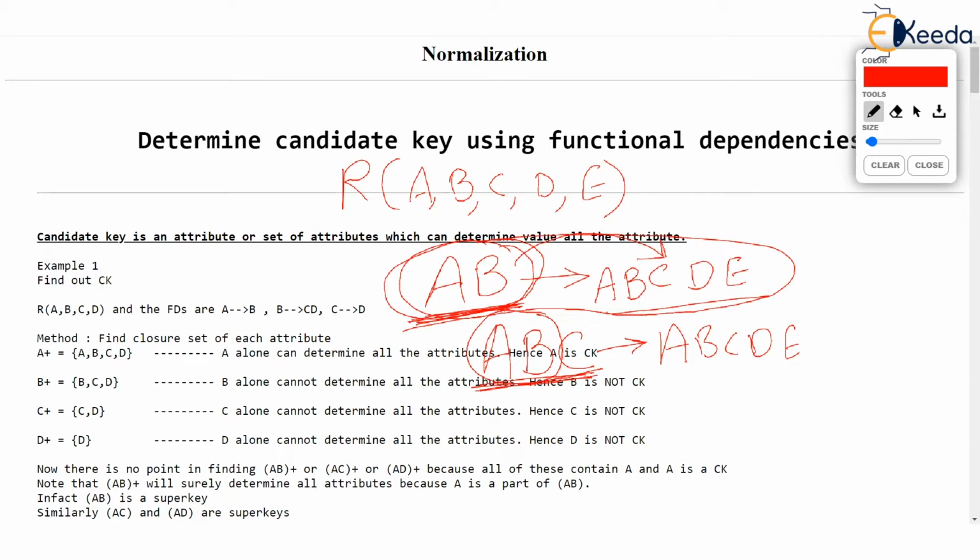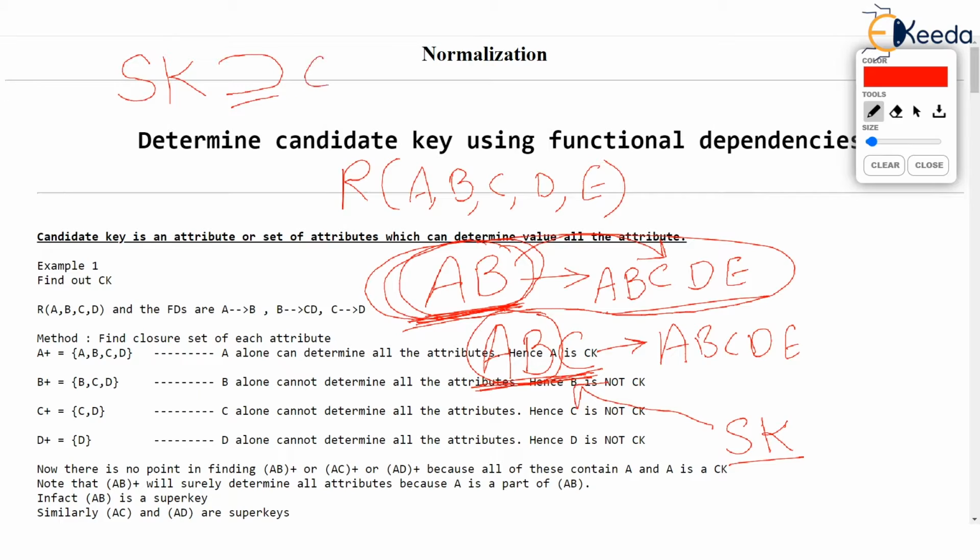Now this ABC, what we have written here, is called a super key. Actually, super key is nothing but some attribute added or many attributes added to the candidate key. That means super key SK is going to be superset of candidate key CK.